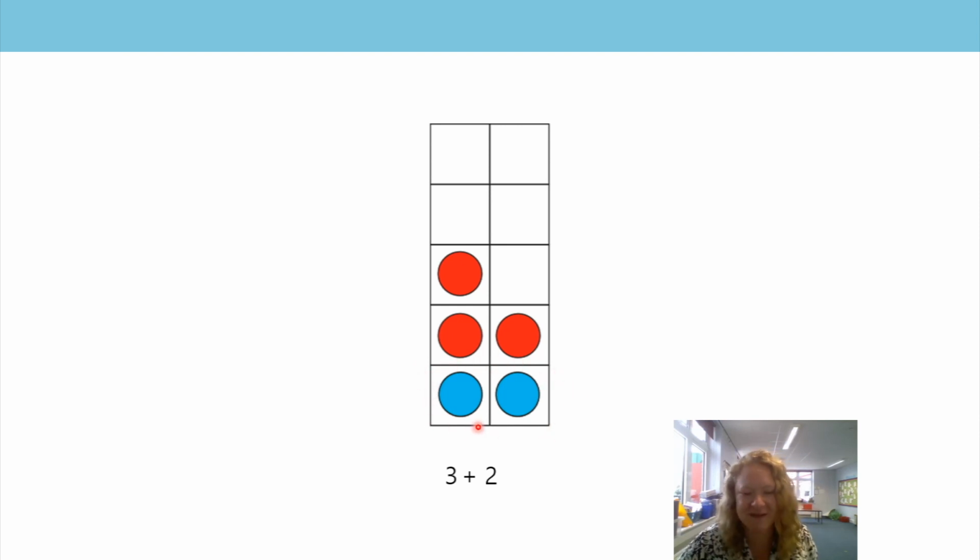But what's different? It's not even on the top, is it? It stays odd because it just pushes them all up, and we've still got this gap, so we've still got an odd number. 3 plus 2 is equal to 5, our next odd number.